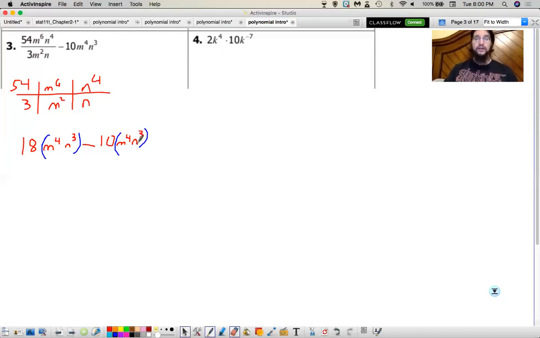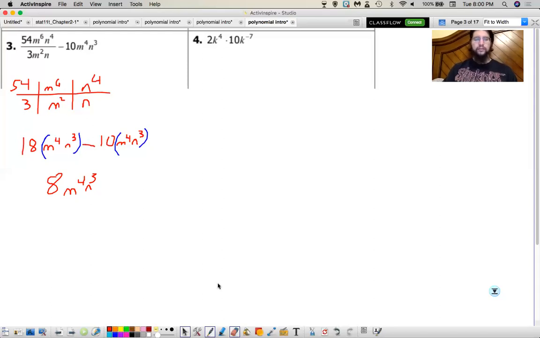Dogs, they're still dogs, right? It's not going to change what this is. So 18 minus 10 is 8. 8 what? 8 of these things. Our things here is m to the 4th n cubed. Notice they are the same thing. If they're not, you can't do anything.